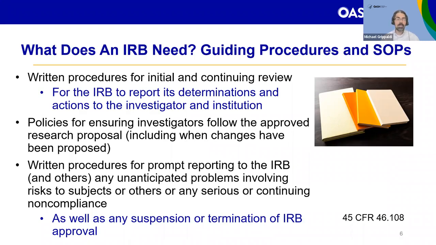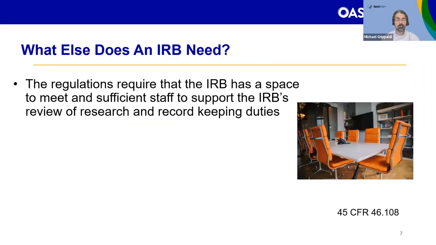Now, again, the regulations say that an IRB must have these written policies governing these topics in place. But what those procedures contain is up to the IRB. The ability to customize these policies to each institution is really a gift if you're willing to accept it as one.